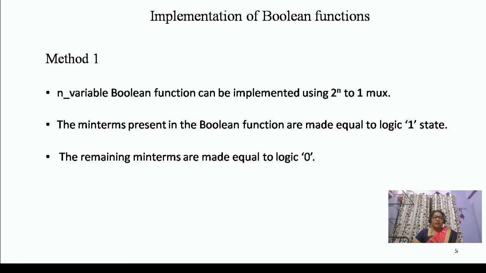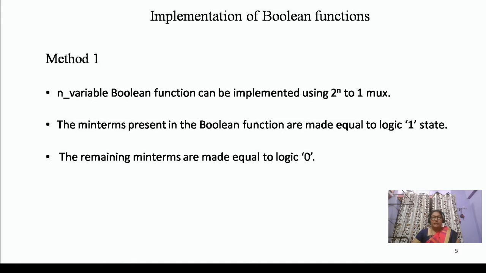If I am using a, b, c, d as the variables, that means four variables, then it can be implemented using 2 to the power of 4, that means 16:1 mux. So in general, what we say is n variable Boolean function can be implemented using 2 to the power of n is to 1 mux.